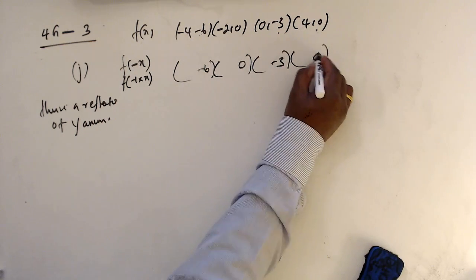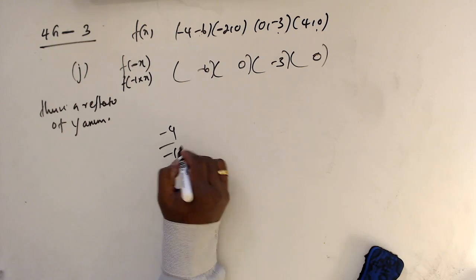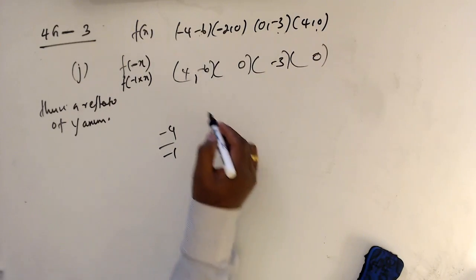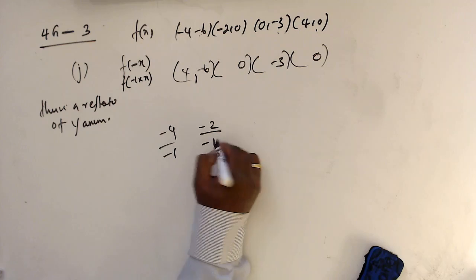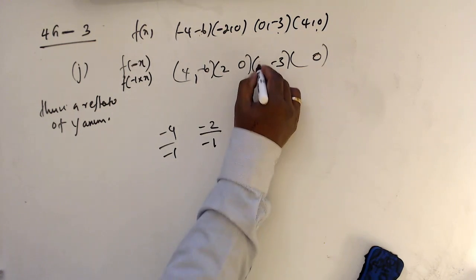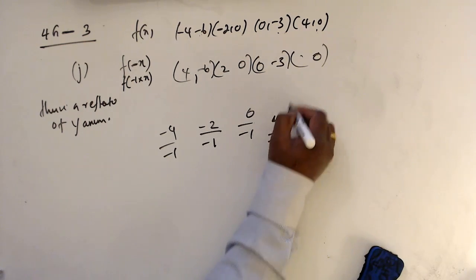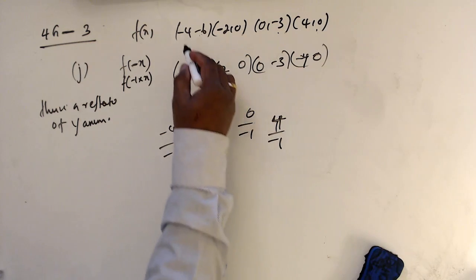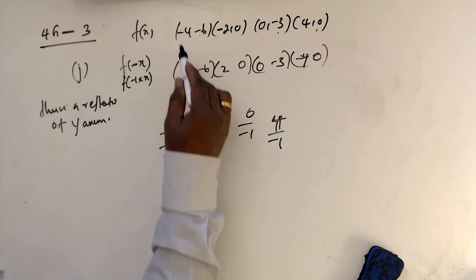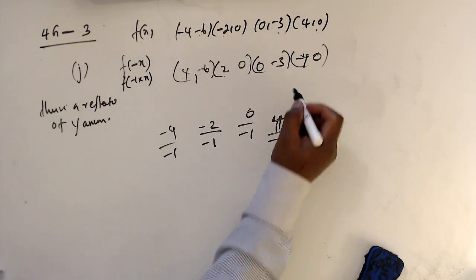Because this affects the x values by -1: -4 divided by -1, 4. -2 divided by -1, 2. 0 divided by -1, 0. 4 divided by -1, -4.